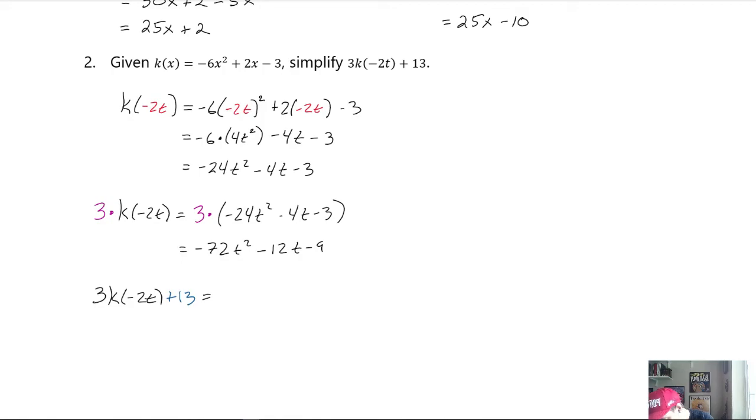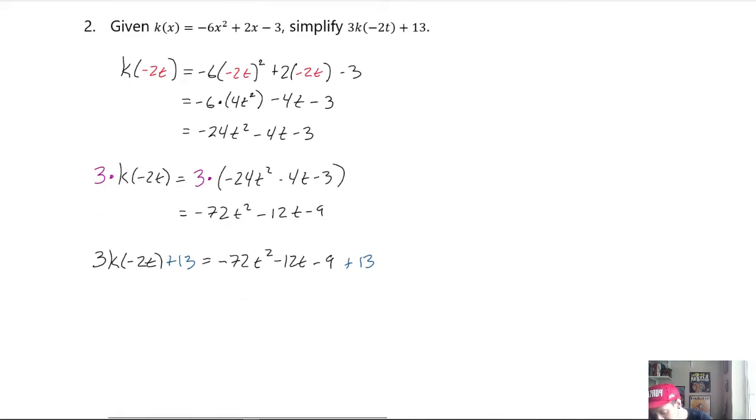So we'll take the 3 times k of negative 2t, which we just had, which is the negative 72t squared minus 12t minus 9. And we just want to tack on the plus 13 to the end of that here, because that plus 13 is outside and happens after the multiplication. So we'll simplify this down and get negative 72t squared minus 12t plus 4 after combining the negative 9 and plus 13. And that's it.